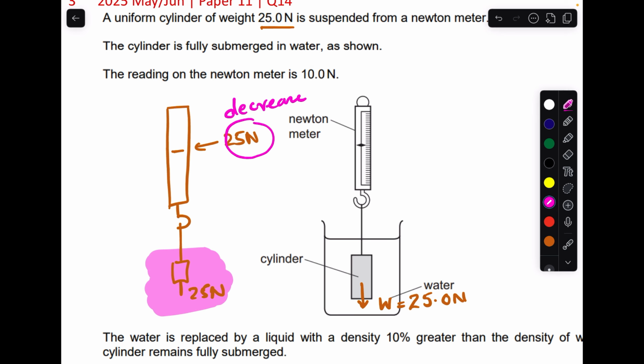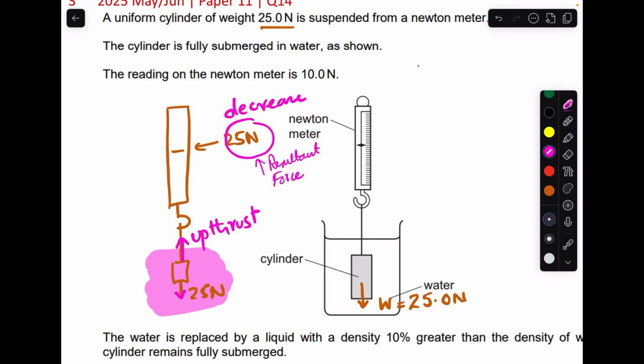Why? Because when this thing is submerged into the liquid, there will be a force acting upward that is called upthrust. So there will be an upthrust acting on the object, and what the needle will show will be the resultant force, because all of the weight is not acting on the spring balance, right? Newton meter. So what we know, there are two forces, downward and upward.